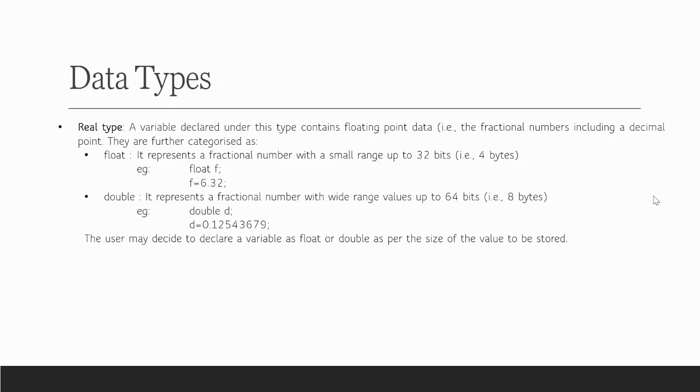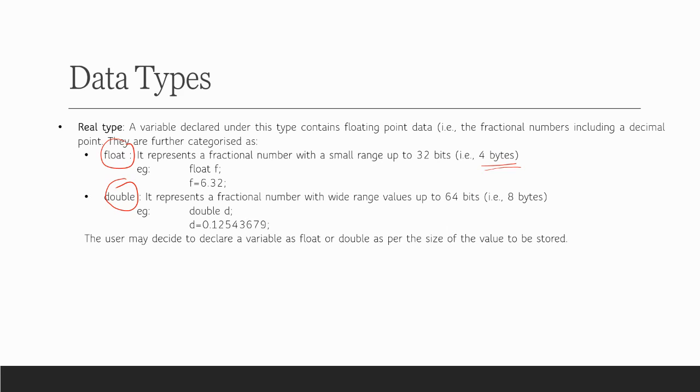The next type of numeric data types are real numbers. A variable declared under this type contains floating point data, that is, numbers including a decimal point. They can further be categorized into float and double. They both are quite similar. The only difference is that of the space.